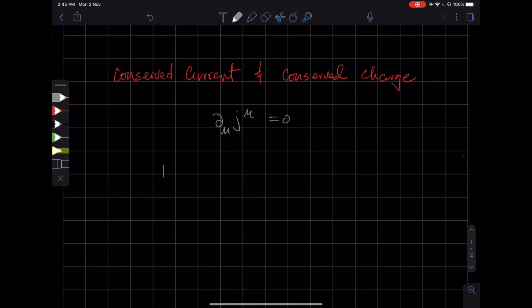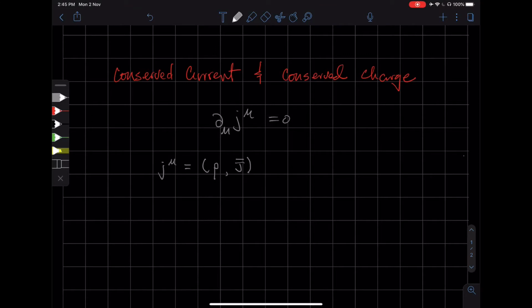So the current is a 4-vector whose time component gives the charge density and whose spatial components give the current density.